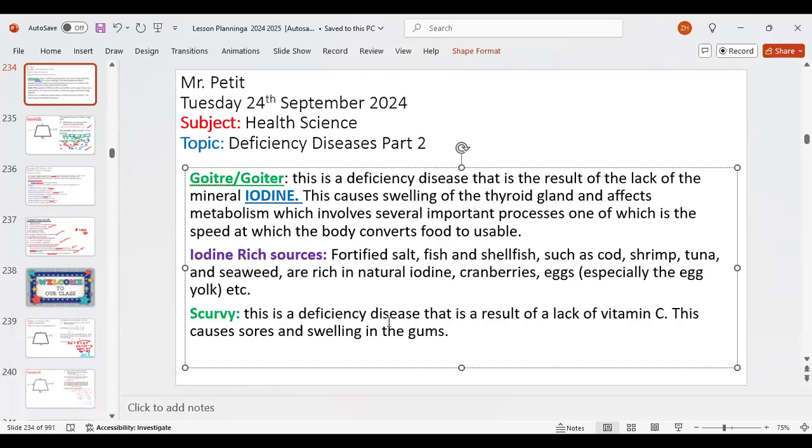And in history, this disease killed thousands of slaves as they crossed.